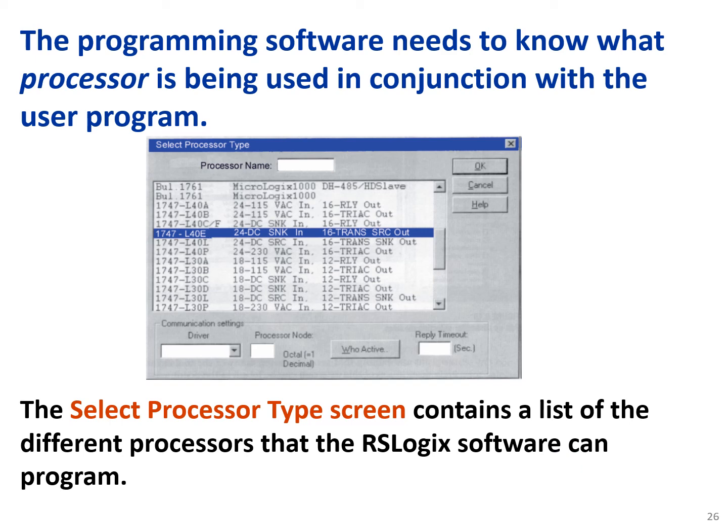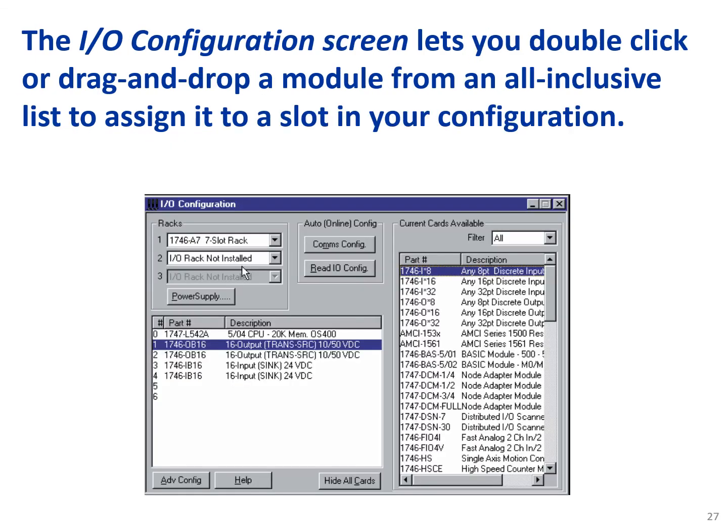The I/O configuration screen lets you double-click or drag and drop a module from an all-inclusive list to assign it to a slot in your configuration. This is the I/O configuration screen.